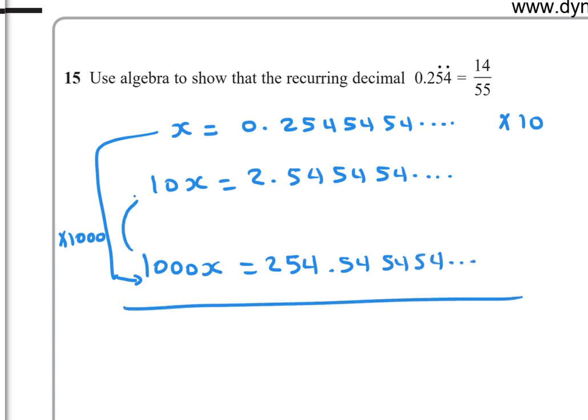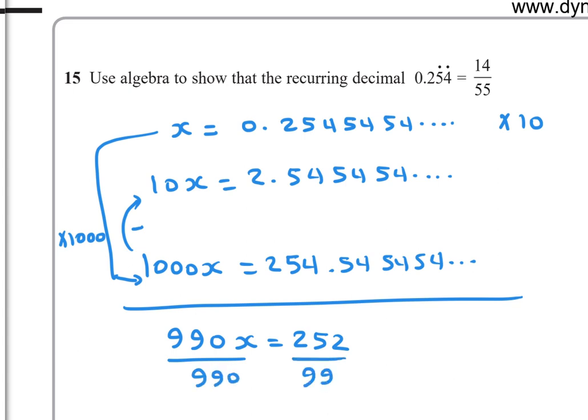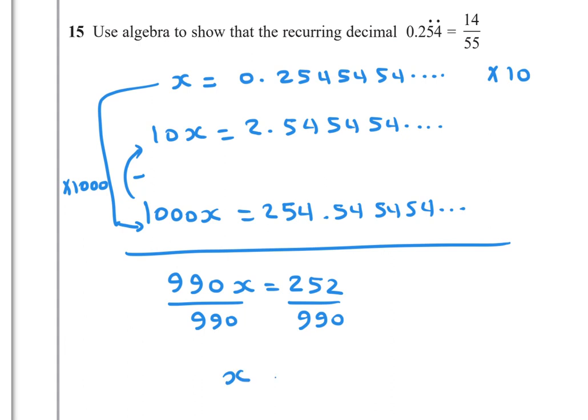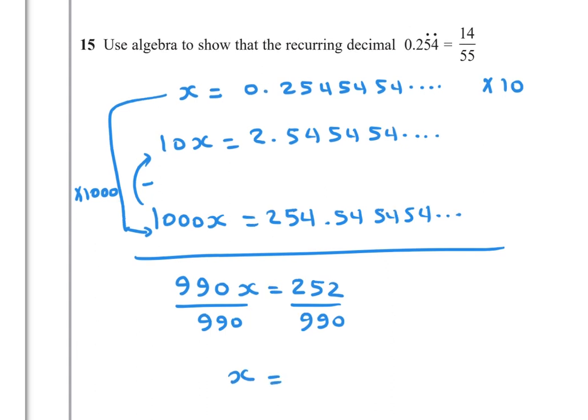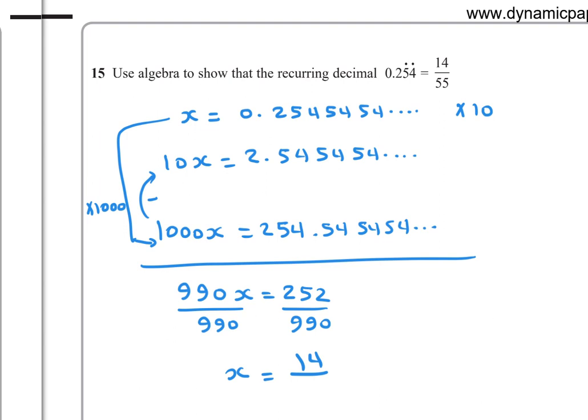Now subtract, 1000x minus 10x equals 990x, and 254 minus 2 equals 252 because the decimals cancel each other. So divide by 990, divide by 990, so x equals 14 over 55 in the simplest form.